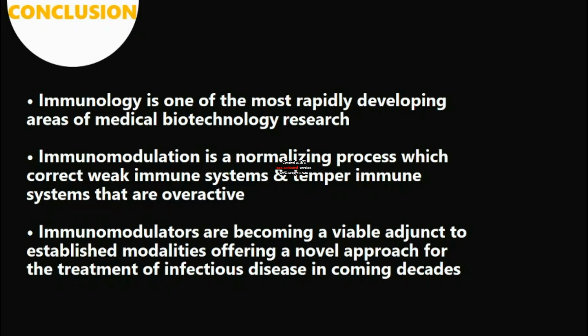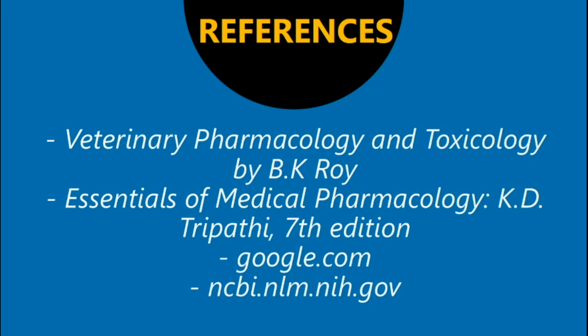Immunomodulation is a normalizing process which corrects weak immune systems and tempers immune systems that are overactive. Immunomodulators are becoming a viable adjunct to established modalities, offering a novel approach for the treatment of infectious disease in coming decades. So these are the references I took help from and made this presentation.